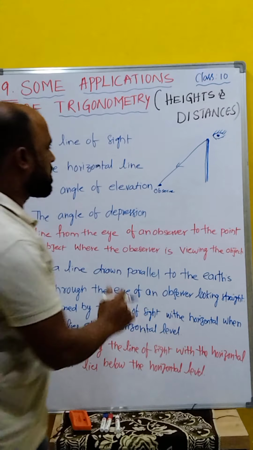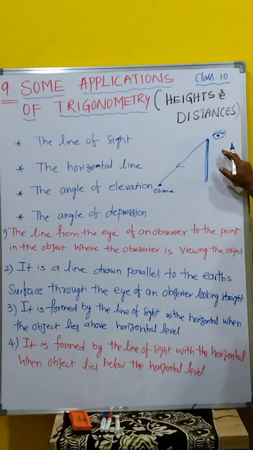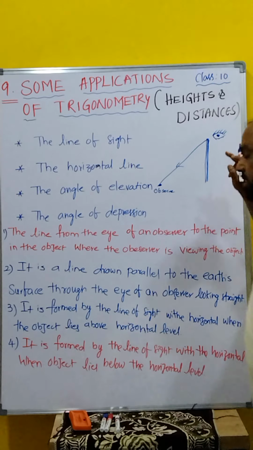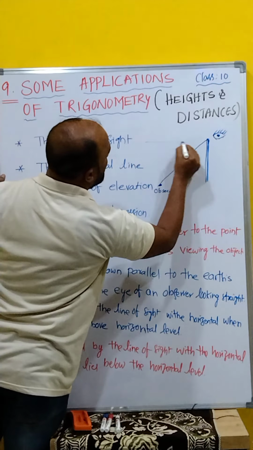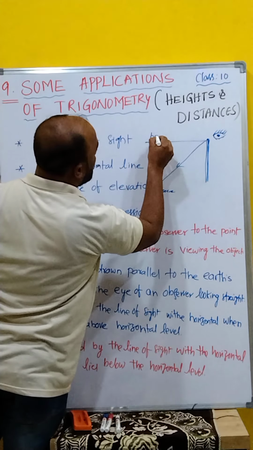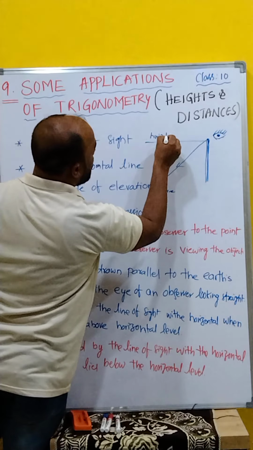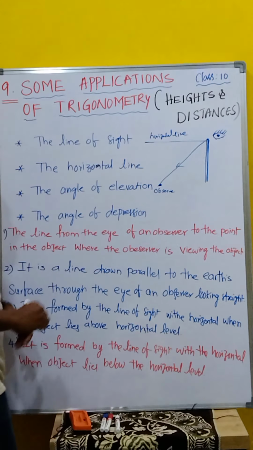Clear, children? Yes. Now we know, according to this, the horizontal level. Where is the horizontal level in this? Opposite to the eye, exactly. It's parallel to the earth surface. This is the horizontal line. But where is the angle of depression?